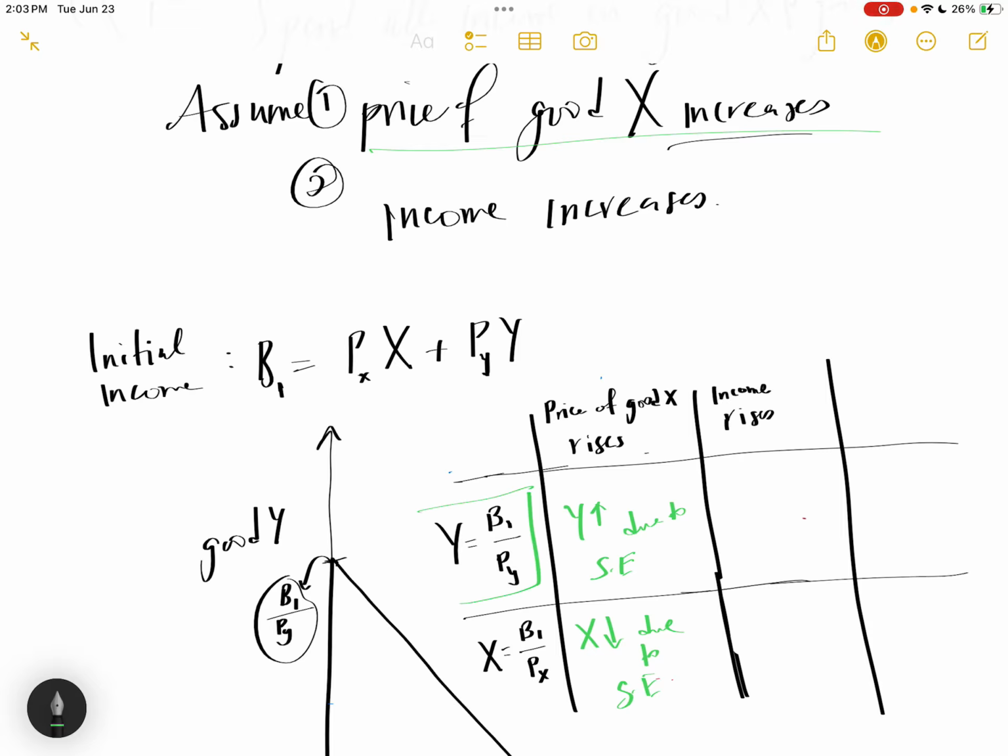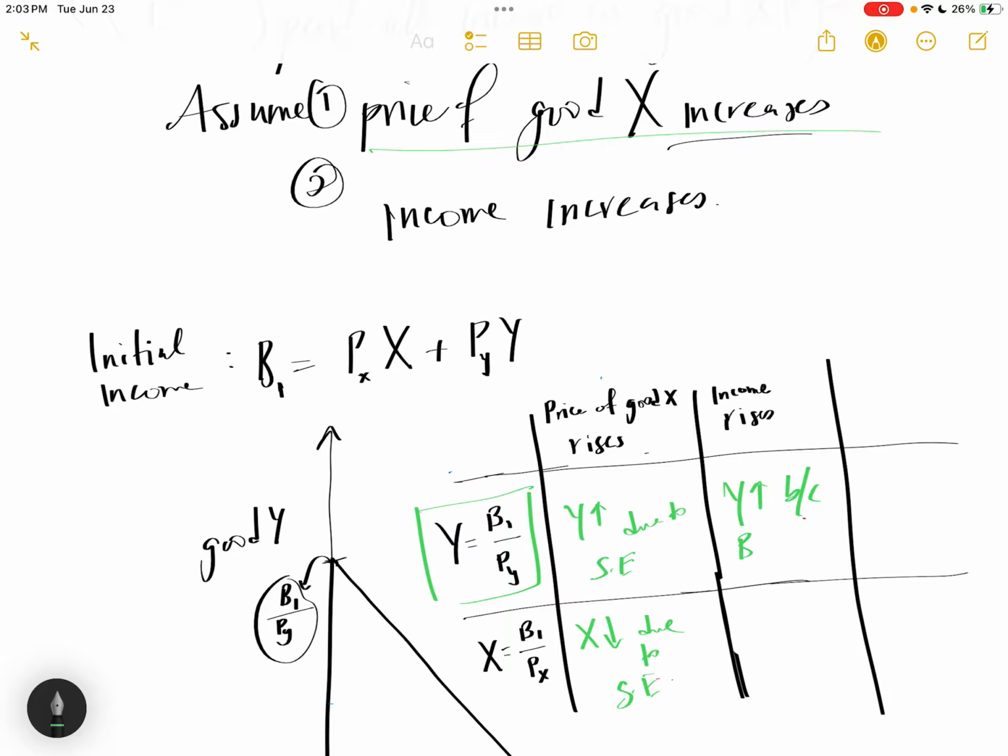Now when income rises, just look at Y. The maximum units of Y that you could buy is equal to all of your budget divided by PY. Now, the budget increased, right? Income increased. Some books use B, other books use I. But when income increases, your budget increases. And so when B increases, Y gets bigger.